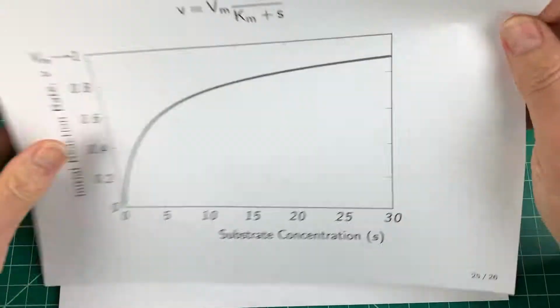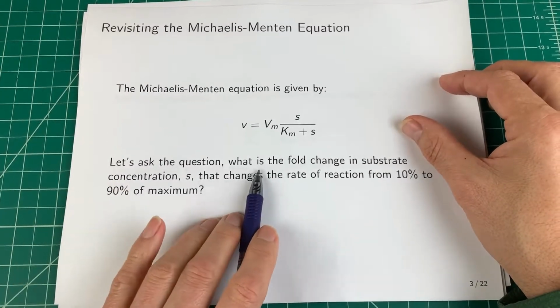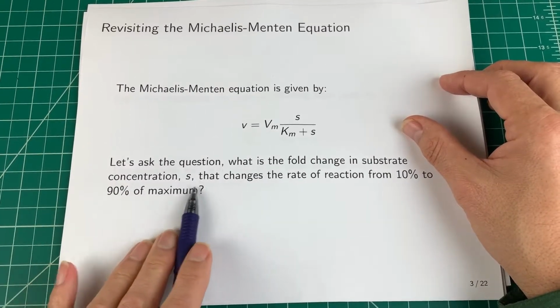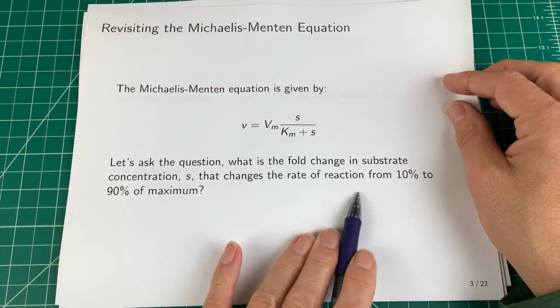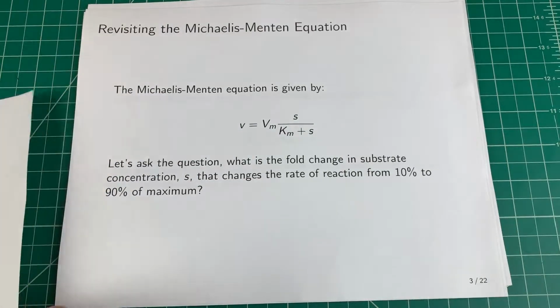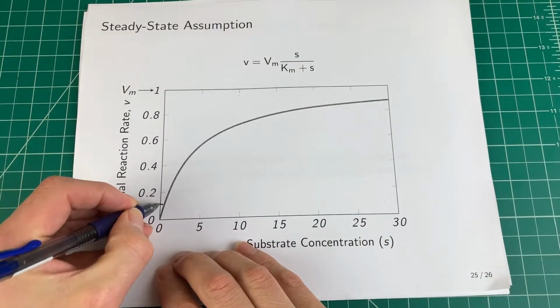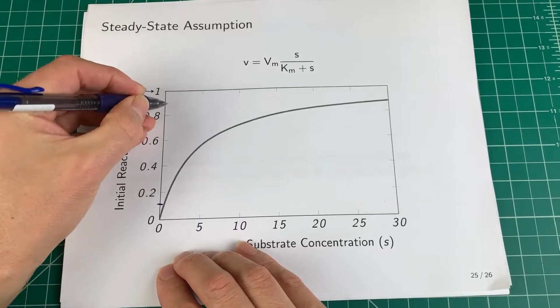Now I want to ask this question: what is the fold change in substrate concentration S that changes the rate of reaction from 10% to 90% of maximum? So 10% of the reaction rate is about here, and 90% is about here.